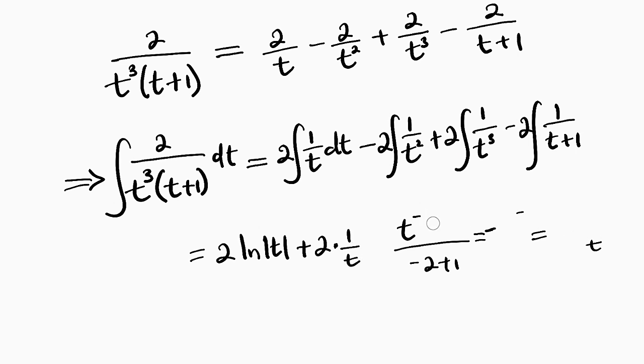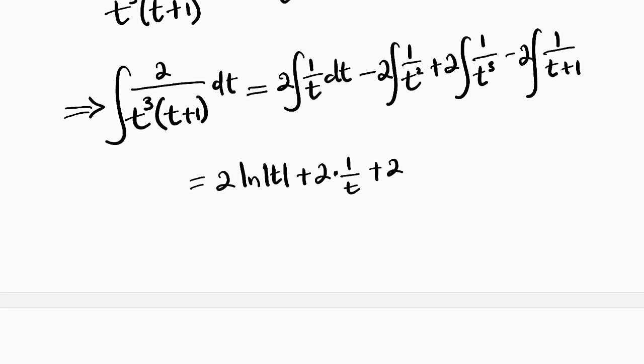Then we move to the next one. We have plus 2. The integral of this one can also be written as t to the negative 3. If you add 1 to the exponent, it becomes negative 2. You have to divide by negative 2 as well.